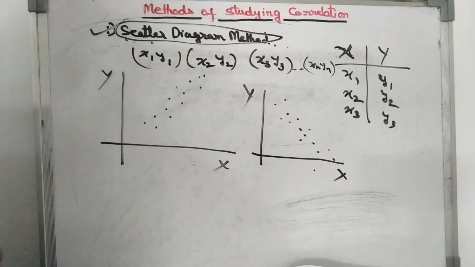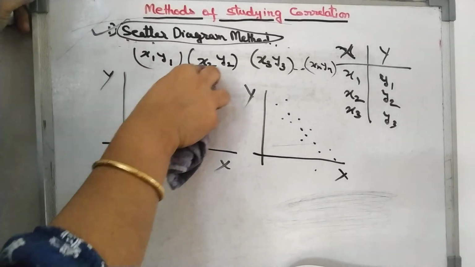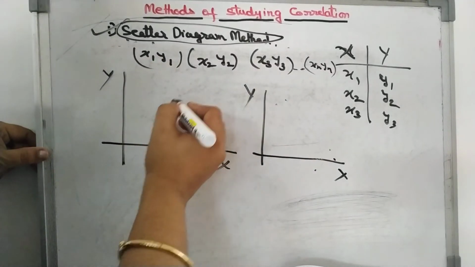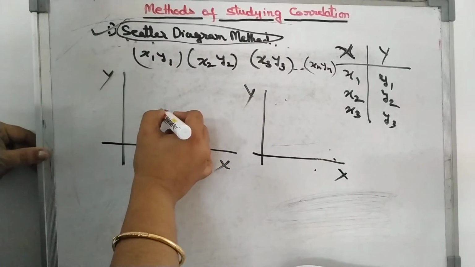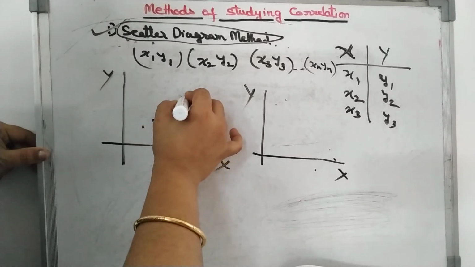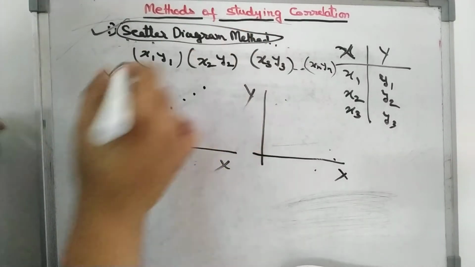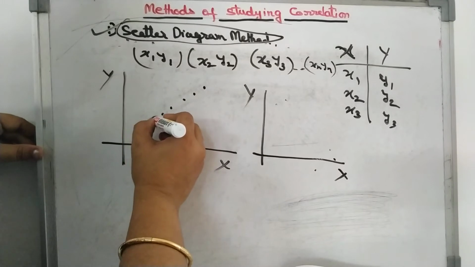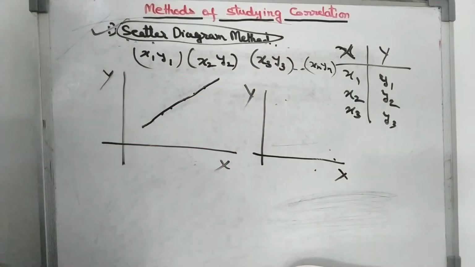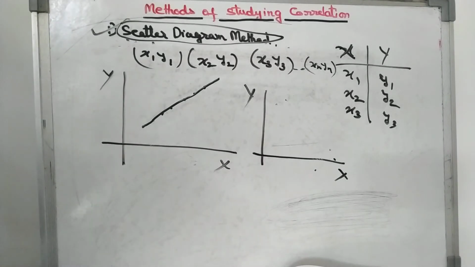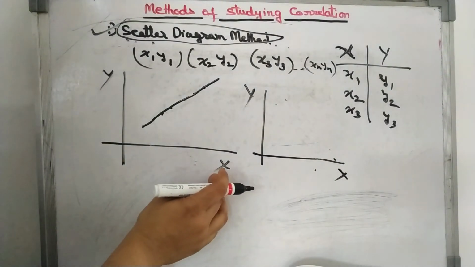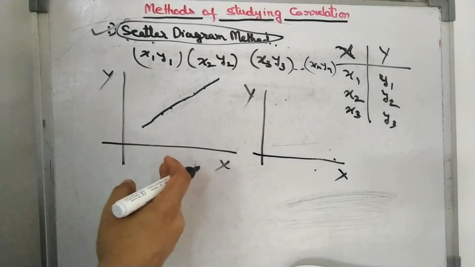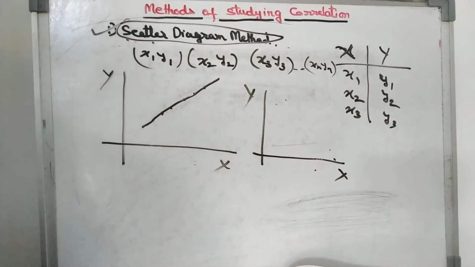Now let's learn perfect positive and perfect negative correlation. When we plot the coordinates, if they lie in a straight line and we join them, it is called perfect positive correlation. That means the increase in x is directly proportional to the increase in y: however much we increase x, the same quantity increases in y.